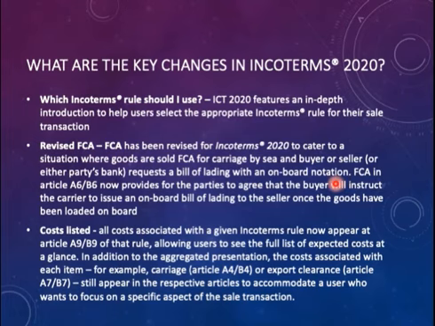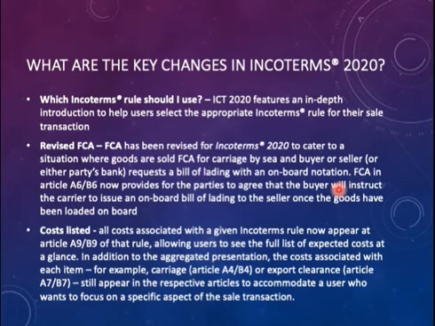It means that in some cases, the buyer or the seller or even the bank may request an onboard bill of lading. But for the FCA, the carrier just provides the receipt for shipment bill of lading.